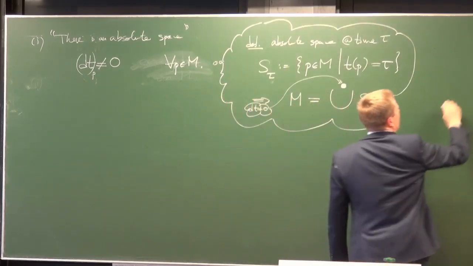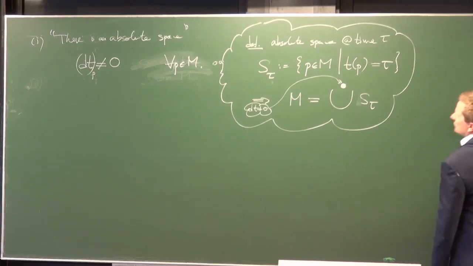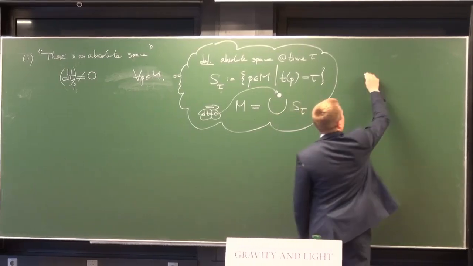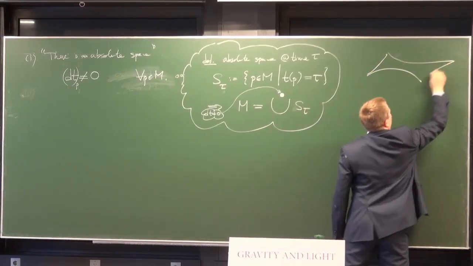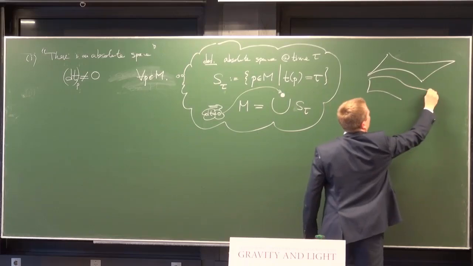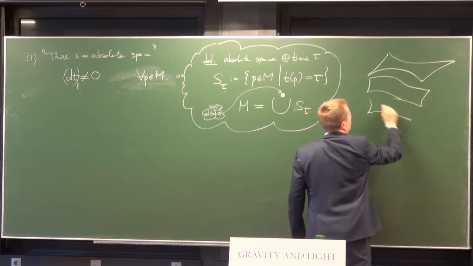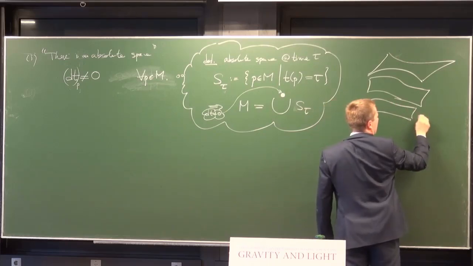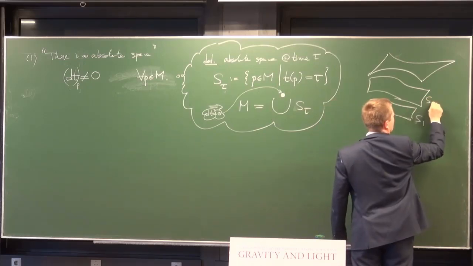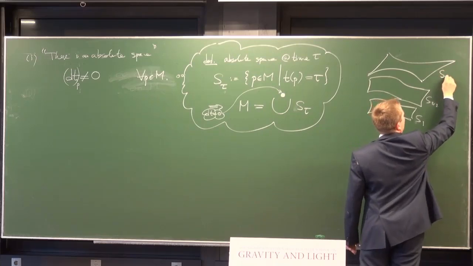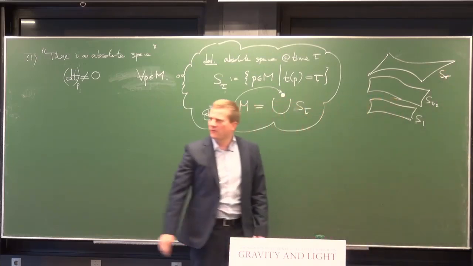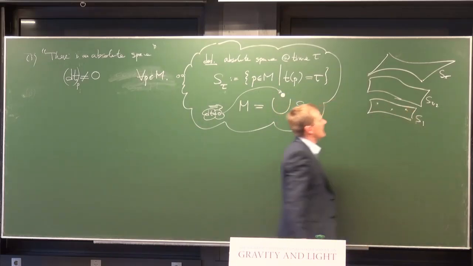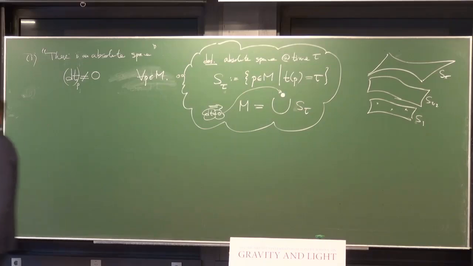Or in other words, if you like pictures, if I do a three-dimensional space-time, because I can't draw a four-dimensional one, space-time foliates in all of these S1, S3 half, S pi, and so on, right? It foliates in all these spaces, and the universal clock gives the same time for all these points here.